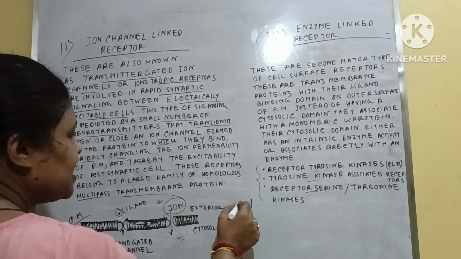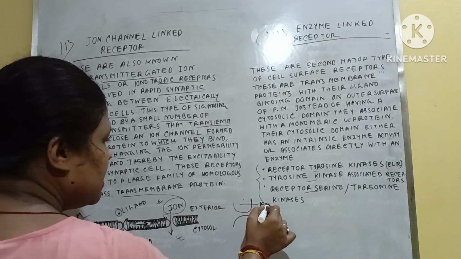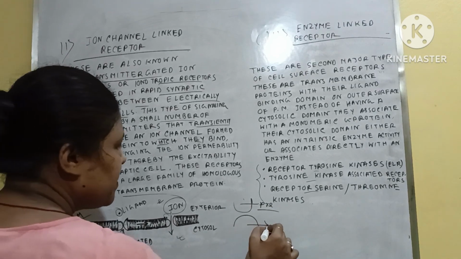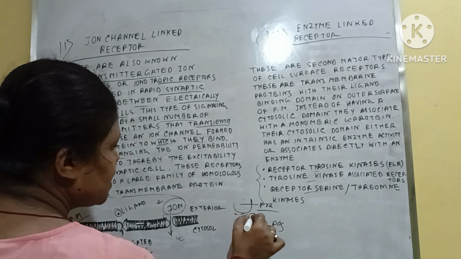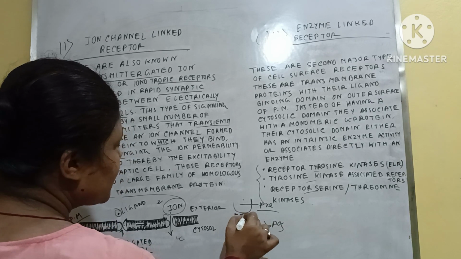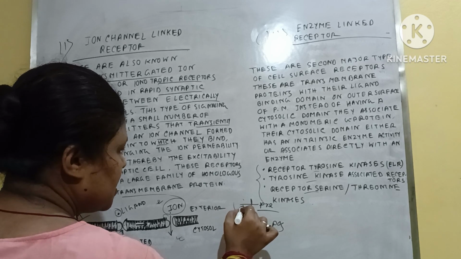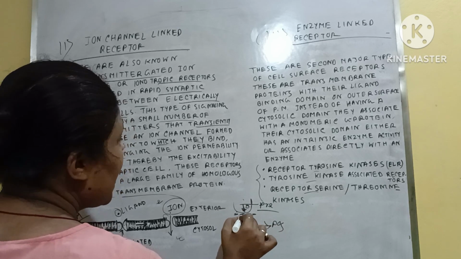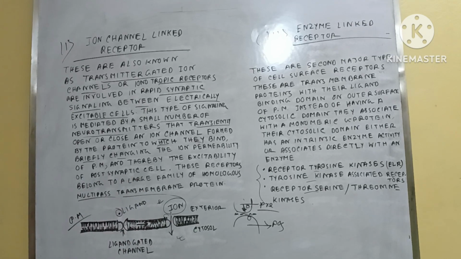When the nerve impulse is transferred from the presynaptic region to the postsynaptic region, neurotransmitters are present, which means the nerve impulse is transmitted from the pre-region to the post-region.